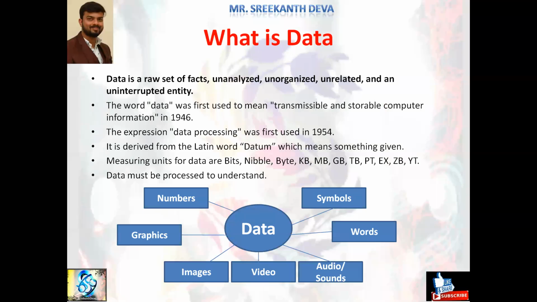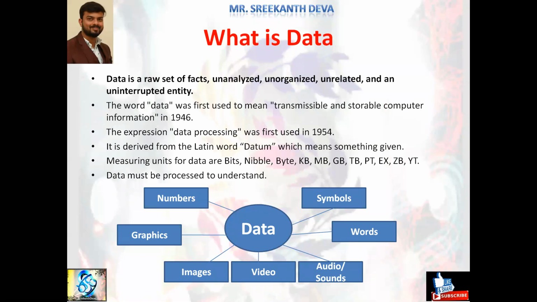What is data? The definition: data is nothing but raw facts. It is an unanalyzed, unorganized, unrelated, and uninterpreted entity.